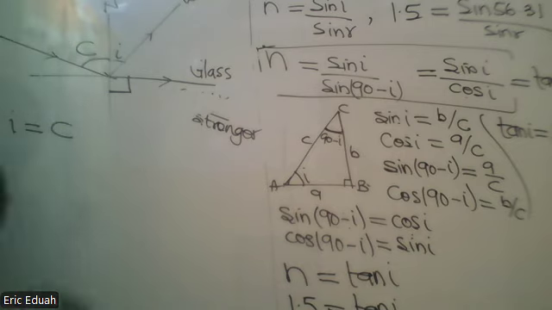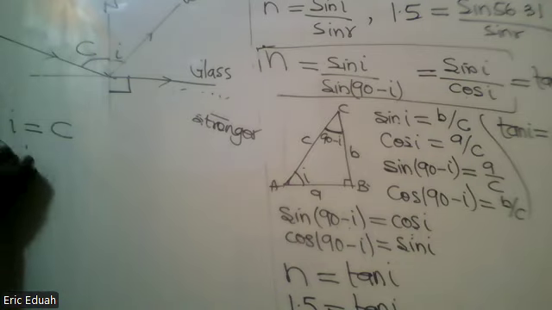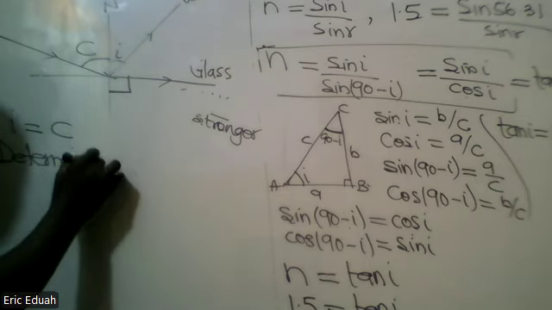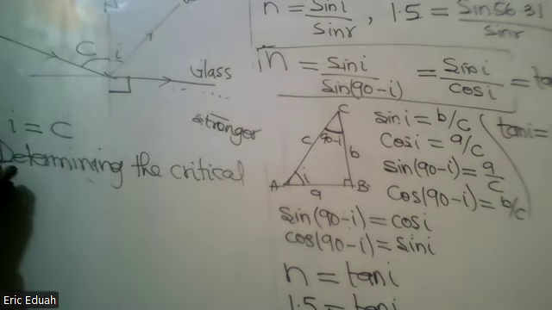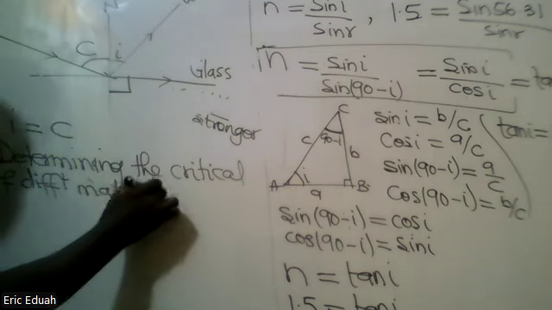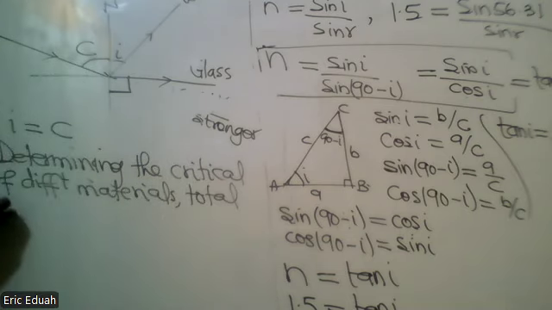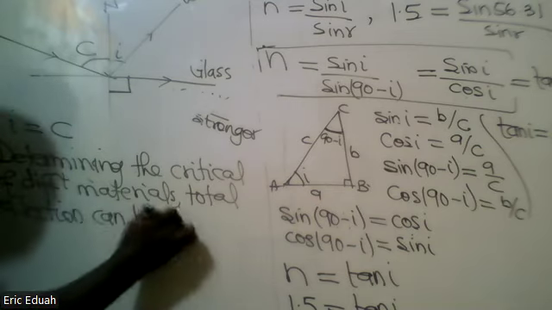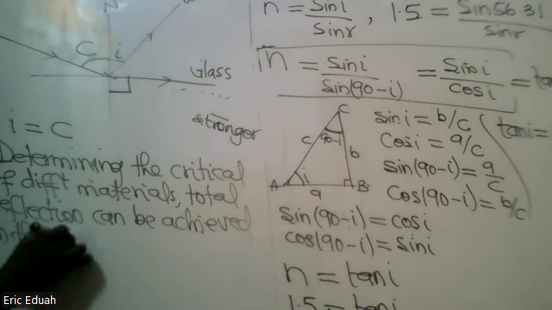When you determine the critical angle of different materials, total internal reflection can be achieved in the material.